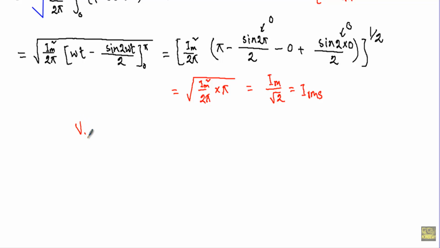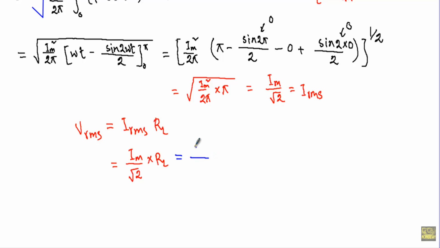Now what will be the value of VRMS here? You will see VRMS will be equal to IRMS into RL. Here IRMS is equal to Im divided by root 2, and multiply this with RL. See, Im into RL will represent the value of Vm.